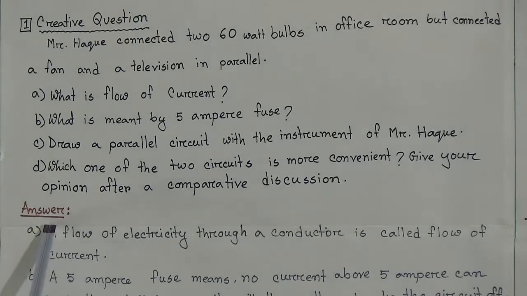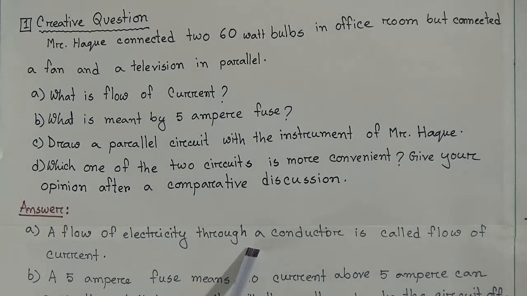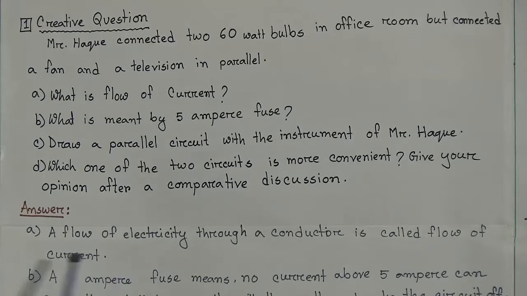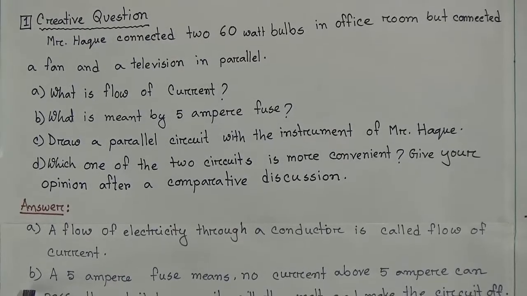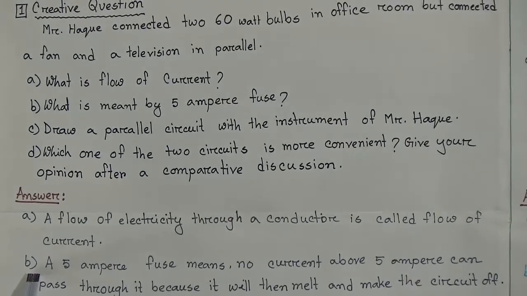Our first question was, what is flow of current? The answer is, a flow of electricity through a conductor is called flow of current. The next question was, what is meant by 5 ampere fuse?